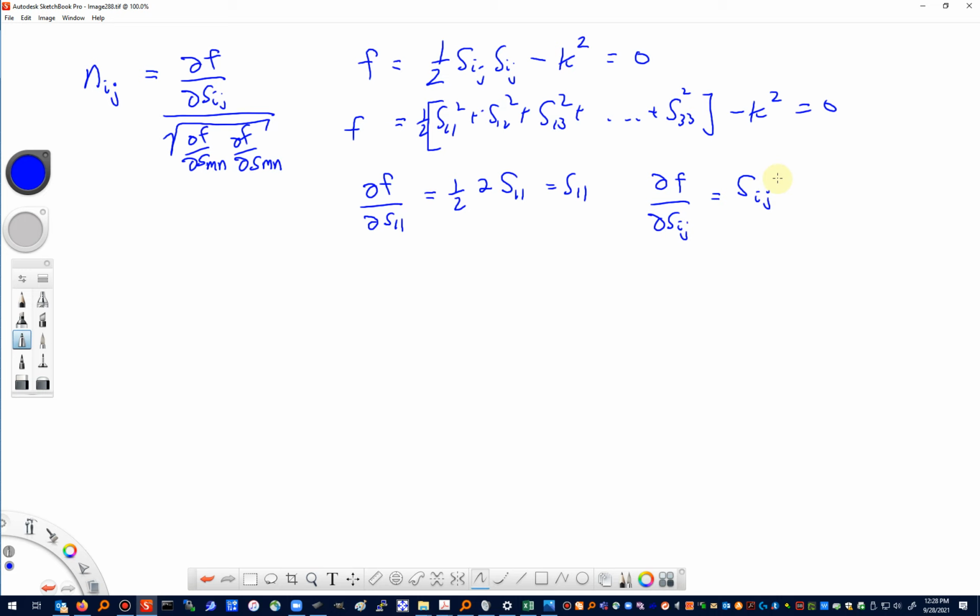All right, so what is Nij then? It's equal to the partial of f with respect to Sij, which happens to be Sij. And then we have the square root of the partial of f with respect to Smn times the partial of f with respect to Smn, which works out to be Smn Smn.